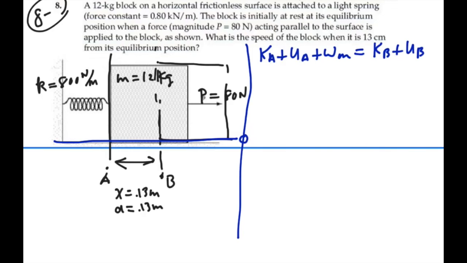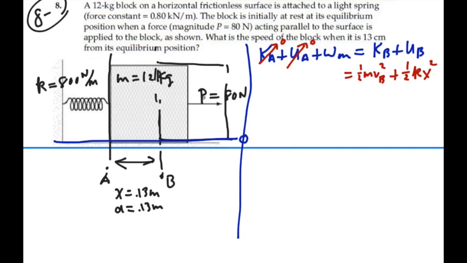At point A, the spring is not extended or compressed, so we have no potential energy at point A, but we will have potential energy at B. It's going to be 1/2 kx squared at B. And we start from rest, so our initial kinetic energy at A is going to be 0, but we will have kinetic energy at B, so we'll have 1/2 mass times velocity at B squared.